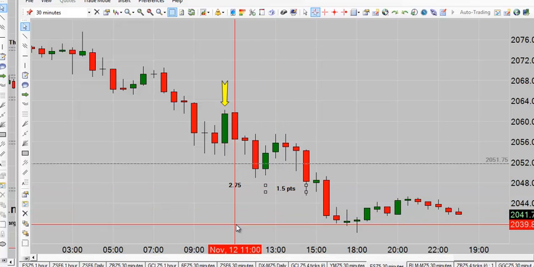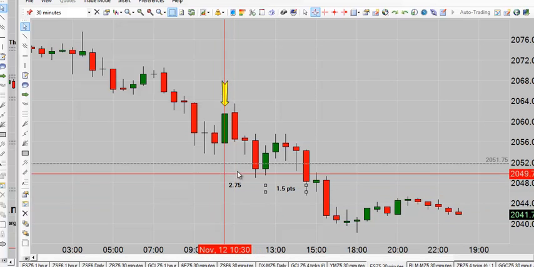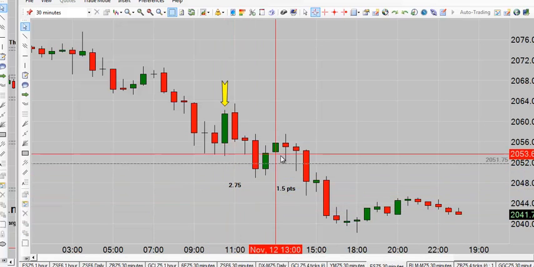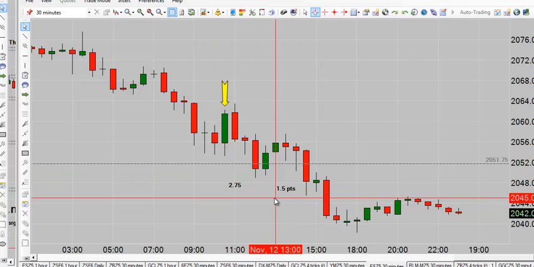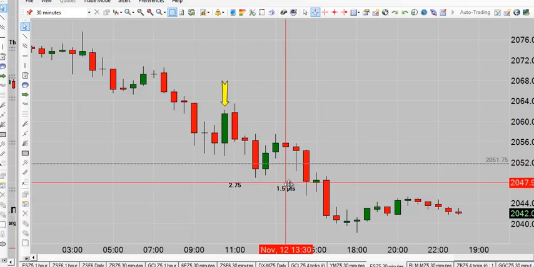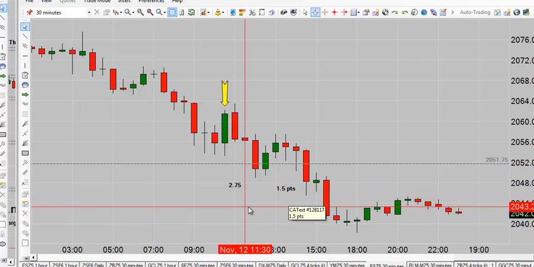Our goal is 8 ticks for the day, which we already got on the first trade. The next trade went 1.5, by the way, that's 6 ticks.